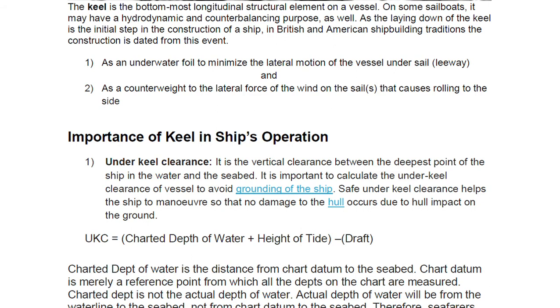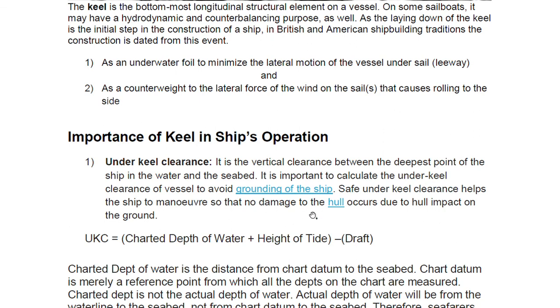Under keel clearance is the vertical clearance between the deepest point of the ship in the water and the seabed. So wherever the seabed is, it is the distance between the lowest part of the keel and the seabed. It is important to calculate the under keel clearance of the vessel to avoid grounding of the ship.